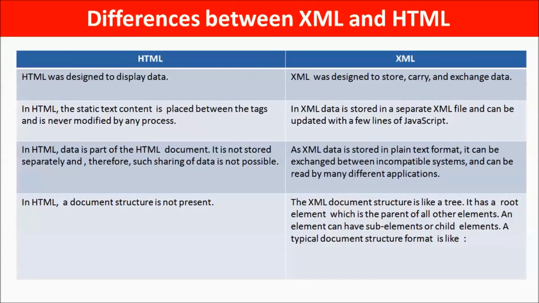There should be a main element called the root element, which is the parent of all other elements. Again, an element can also have sub-elements or child elements. So the parent will have elements, and each of those elements can also have elements, and these are called children. If children have elements, then they are subchildren, and so on. So it forms a tree-like structure.